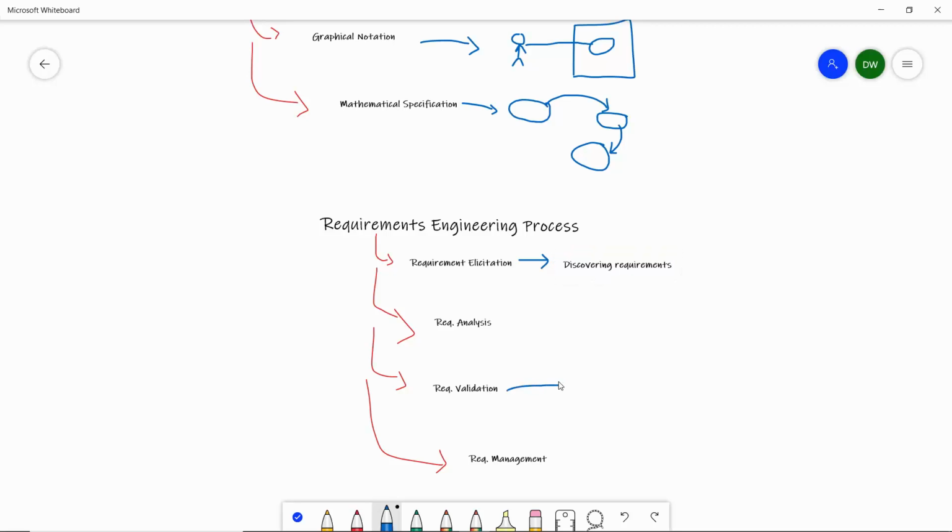What we mean by validation is that you will have to think whether the requirements you have gathered are really necessary for the customer, right? You will have to think, are these requirements really necessary, right?